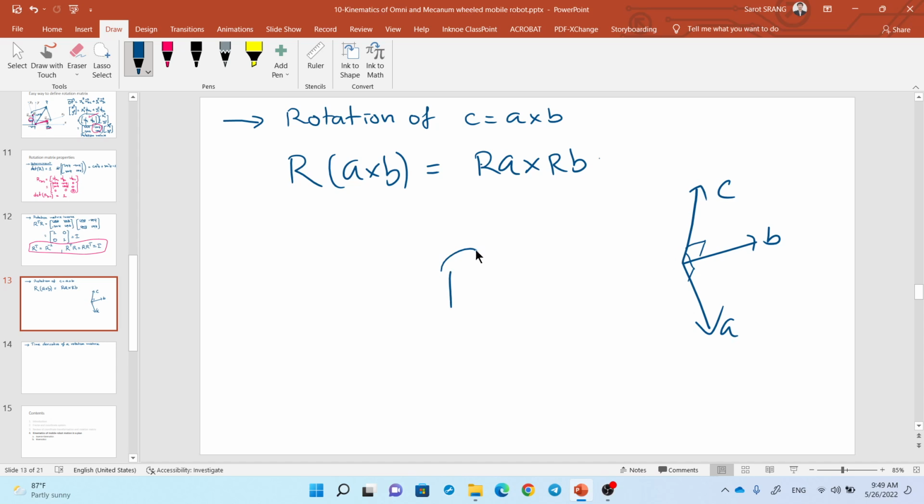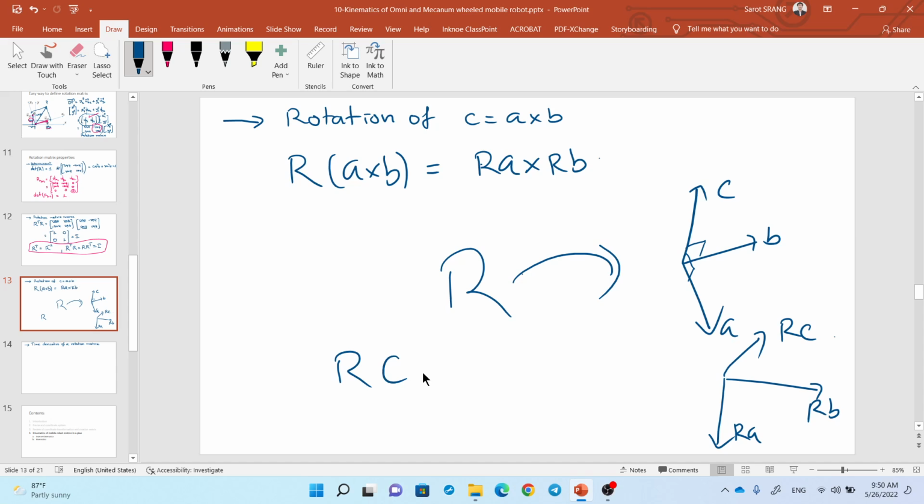When we apply the rotation to the whole frame, then A is here, RB is here, then RC is here, right? So when we apply R to C, RC must be equal to RA cross RB, with A here and B here, right?